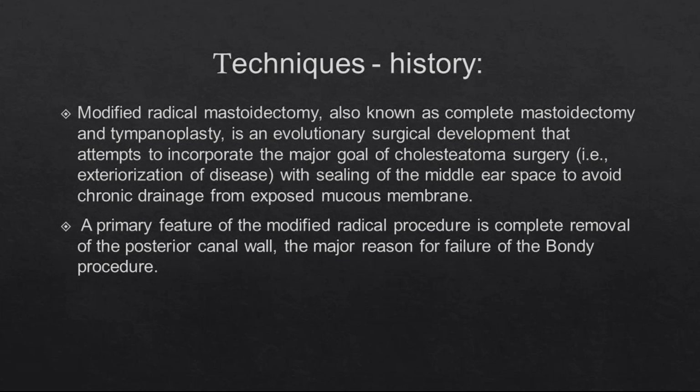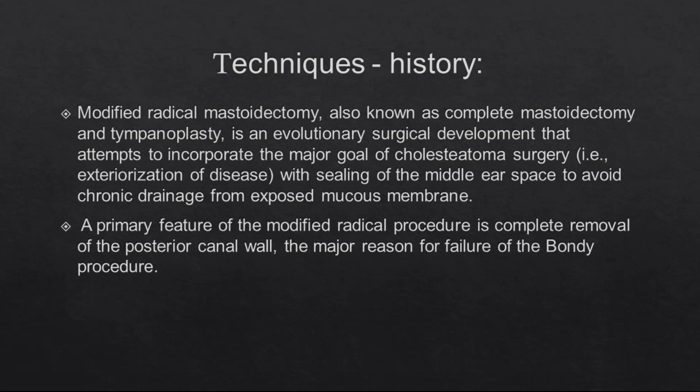Although both the surgeries are a type of canal wall down surgery, in modified radical the remnant tympanic membrane is preserved for reconstruction. Ossicles are preserved if they are not involved, and mucosa is preserved.